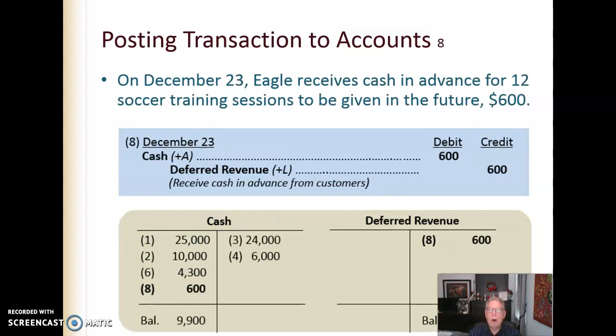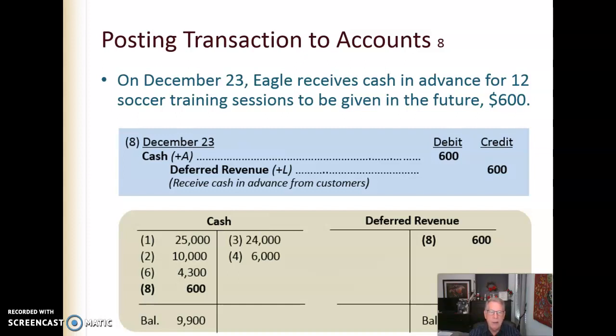So now, on December 23rd, they received some cash in advance of $600. Here, we are using an account which we referred to previously, deferred revenue or unearned revenue. This is a liability. Do not confuse it with actual revenue on the income statement.